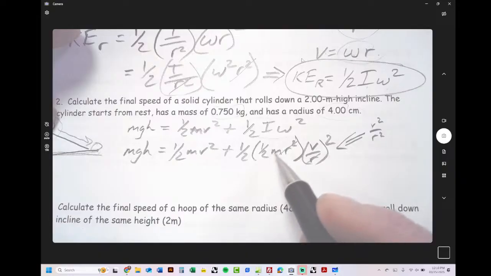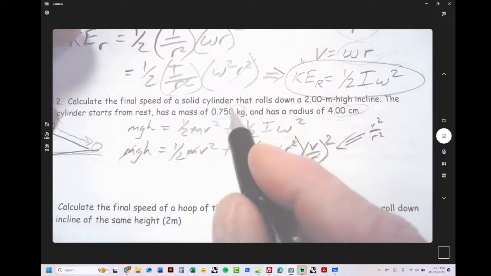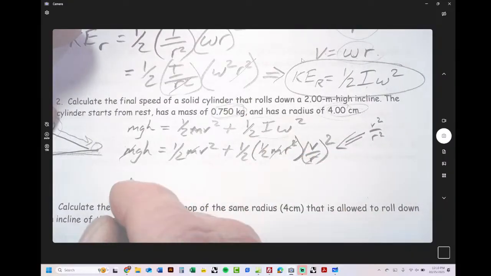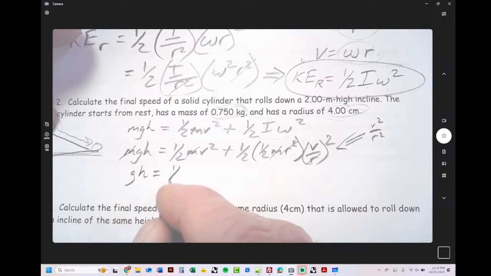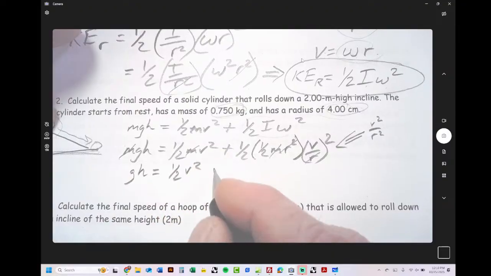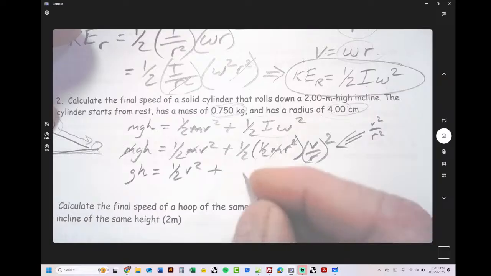All the m's. Everything has an m in it on both sides. So you can divide both sides by m, get rid of all the m's. So I just got rid of all the m's and the r's, so you don't need the r or the m. And now let me clean it up. So this leaves us with gh on the left side equals 1/2 v squared plus what? 1/4 what? V squared.